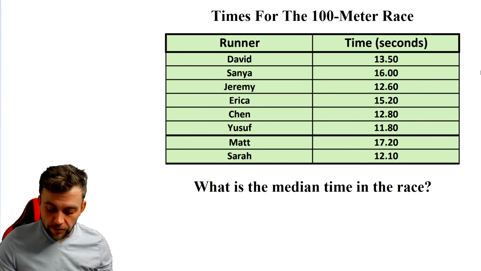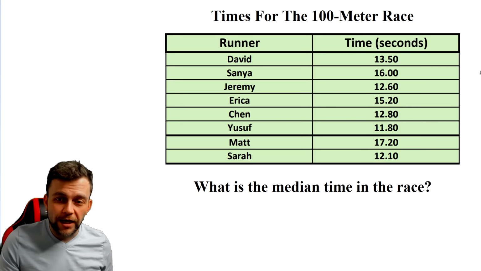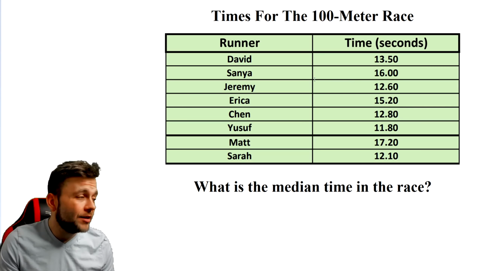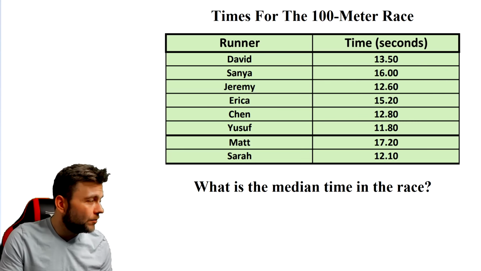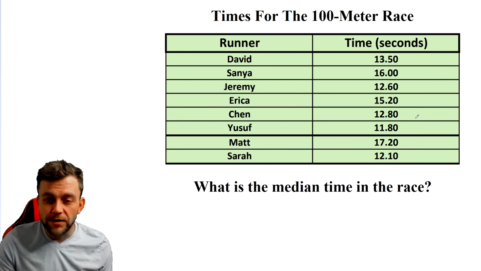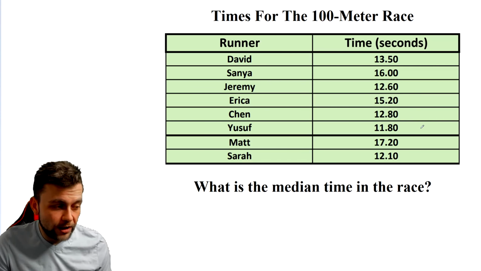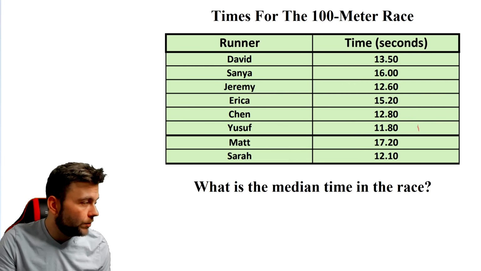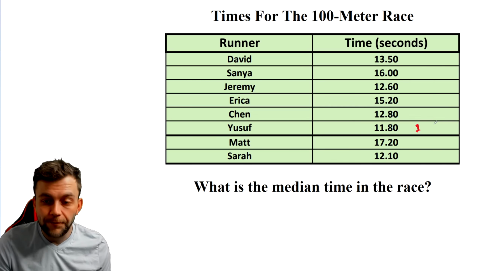Well, what we're going to do is just put them in order. You don't necessarily have to write them all out, right? We're just going to mark this table up. So, which one is our lowest number? Well, it looks like 11.8 is our first number. So this one is number 1.